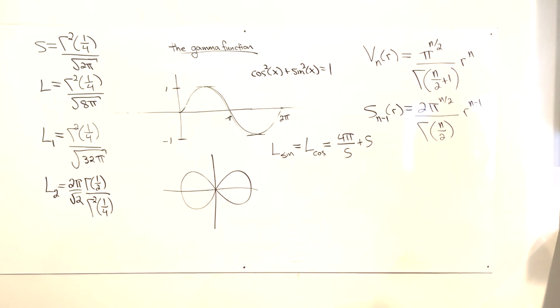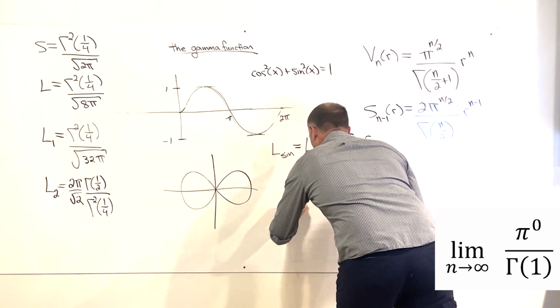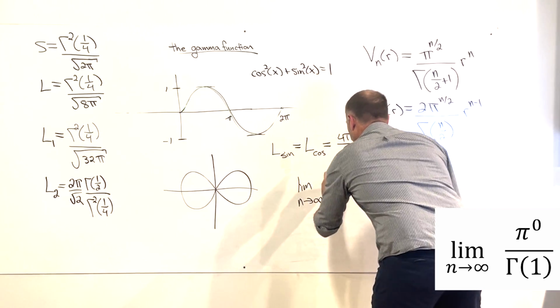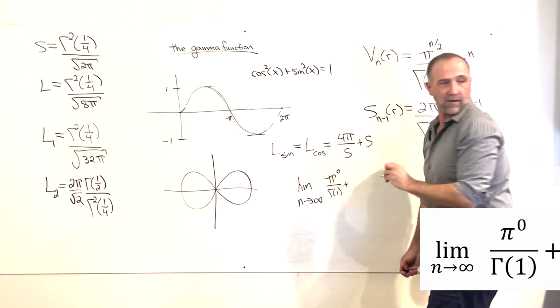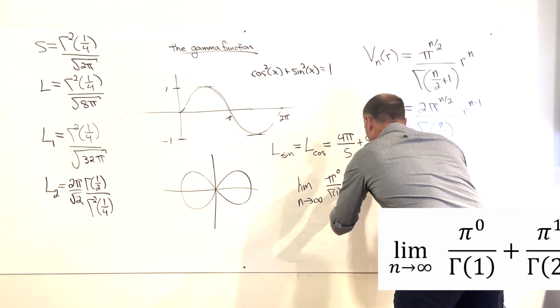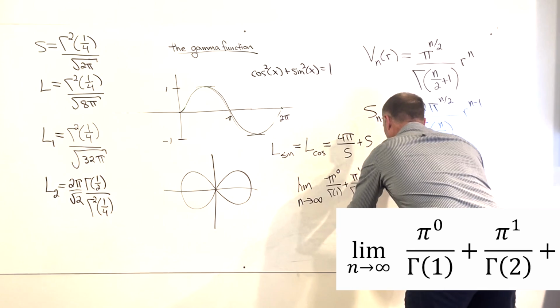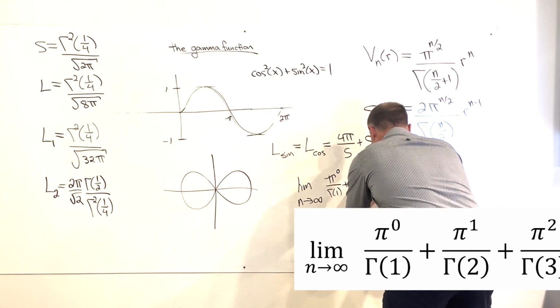If we take the limit as n goes to infinity, pi to the 0 over gamma of 1, plus pi to the 1 over gamma of 2, plus pi to the 2 over gamma of 3, and so on.